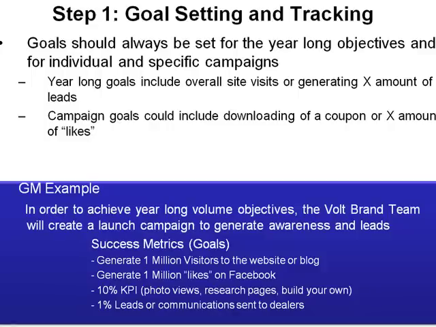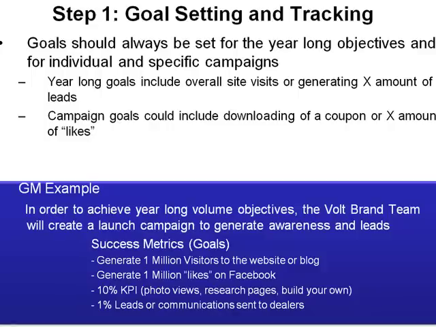The goals for the specific campaign will be, in this example, to generate 1 million visitors to the website or blog, to generate 1 million likes on their Facebook fan page, and to generate 10% key performance indicators such as how many times did the customer take a look at the photos that they've placed on the website or the blog. Research pages, did they actually take a look or research the dimensions or information associated with the Volt?